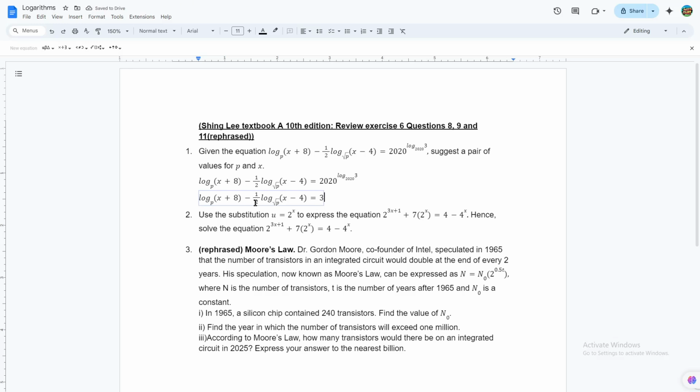Next, we can move the half to the (x minus 4) inside the logarithm.